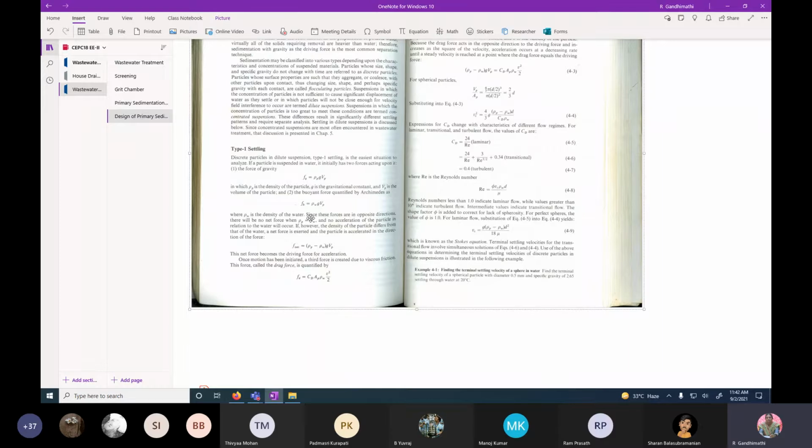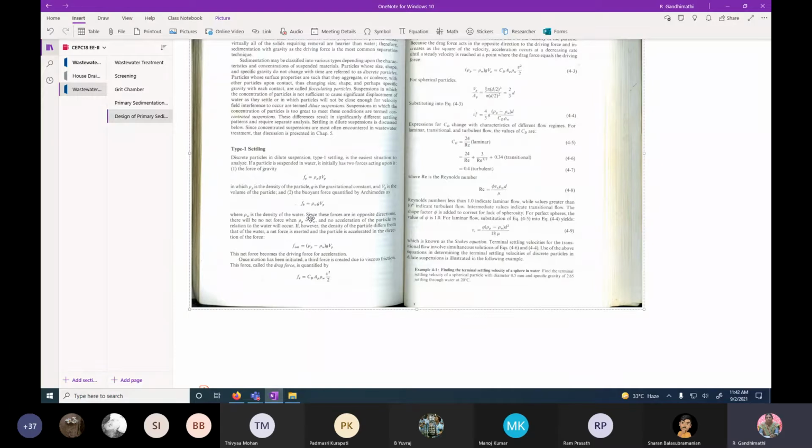If a particle is suspended in water, it initially has two forces acting upon it. One is the gravitational force, another is the buoyant force. As you know, the gravitational force acts in the downward direction, whereas the buoyant force acts in the upward direction.